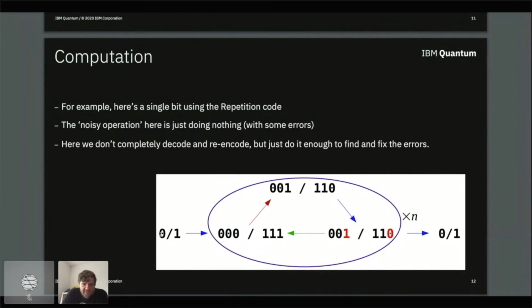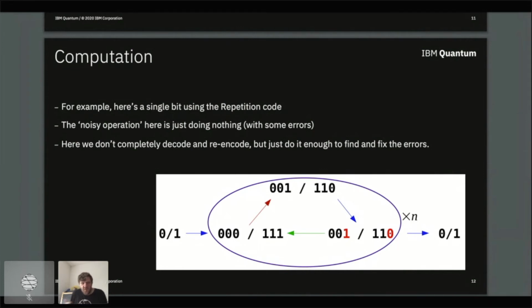So let's just think of a single bit encoded using the repetition code. So what we could have here is that we have either a 0 or a 1. And if we had a 0, then we would, in the repetition code, repeat this 3 times to get 0, 0, 0. And if we had a 1, we would repeat it 3 times to get 1, 1, 1. And then let's say we go through some noisy process.